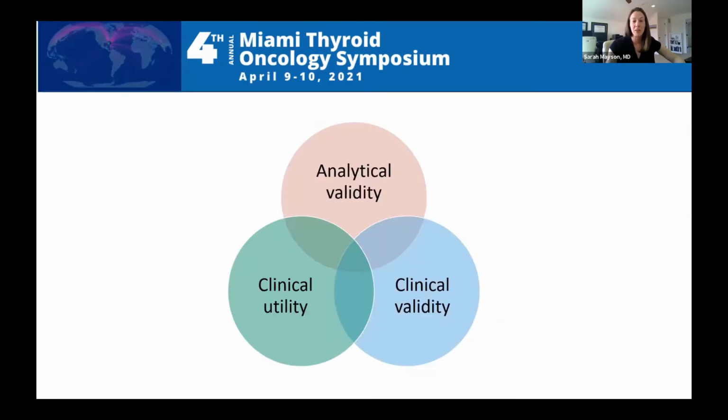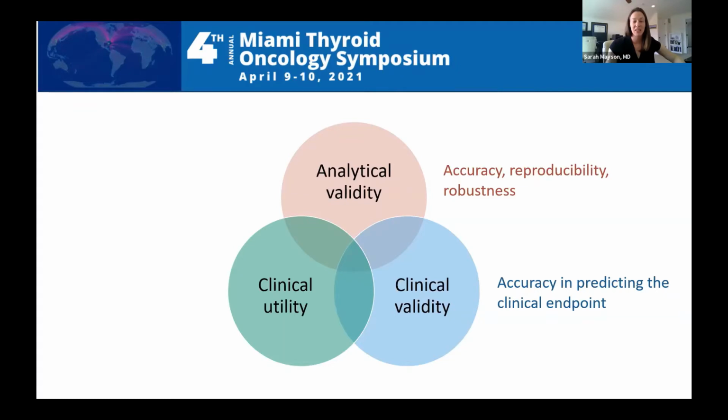And also, when we think about any diagnostic test, it's also important to consider how that test was validated. And Dr. Nikiforova provided a wonderful summary of the analytical validation studies related to 3 tests that she discussed. And I'll just remind you that validation includes 3 components. So there's the analytical validation component, which has to do with the test's accuracy, reproducibility, and robustness.